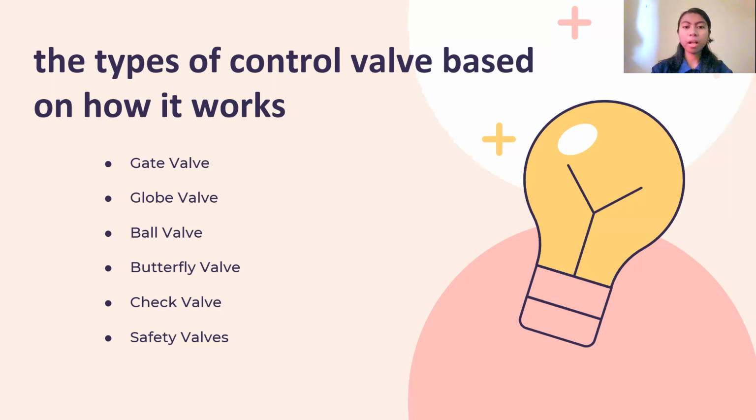4. Butterfly valve. Butterfly valves have a relatively simple construction. The main components of a butterfly valve are the body, seat, disc, and stem. A typical butterfly valve has a disc positioned in the center of the pipe.